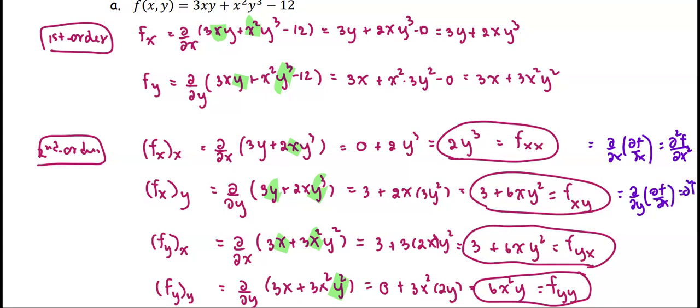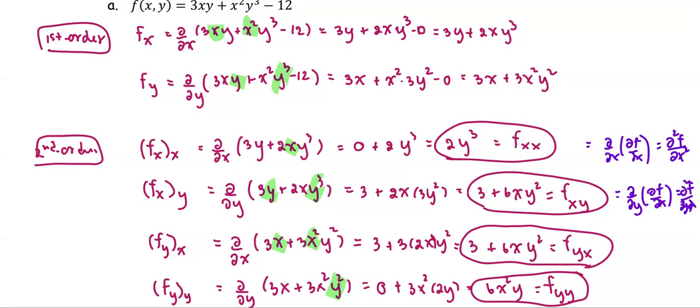So we write it as partial y partial x. This is the partial derivative of x of the partial with respect to y. We can write it as the second order partial derivative with respect to x with respect to y. This is partial with respect to y of the partial with respect to y.